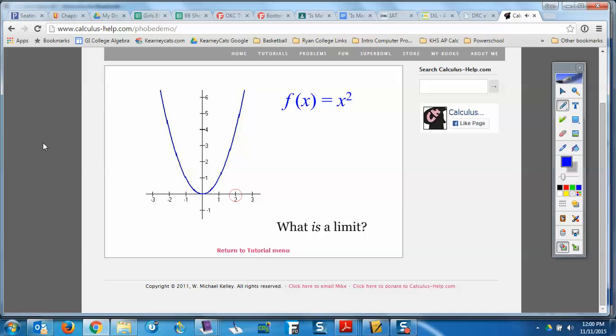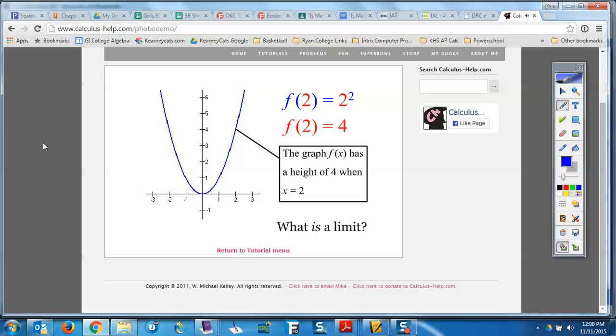Well, it's not very difficult to figure out exactly how high that function is going to be when x equals 2, because all I have to do is plug that x value into the function. If I plug 2 into x squared, I get 2 squared, or 4. This means that the function reaches a height of 4 whenever x equals 2.